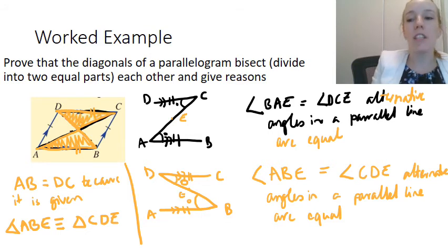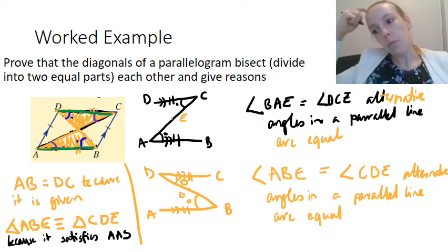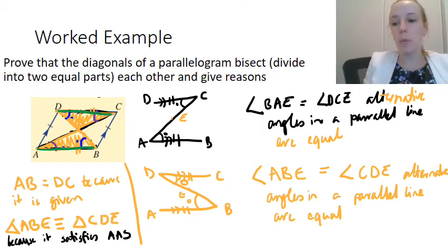The reason that we know that is because we've proved they've got two equal angles. So we know that this angle is equal to this angle, and I'll swap colors. We know this angle here is equal to this angle here, and we know that this side is the same length as this side. So they've satisfied that AAS rule, because they've got angle, angle, side.